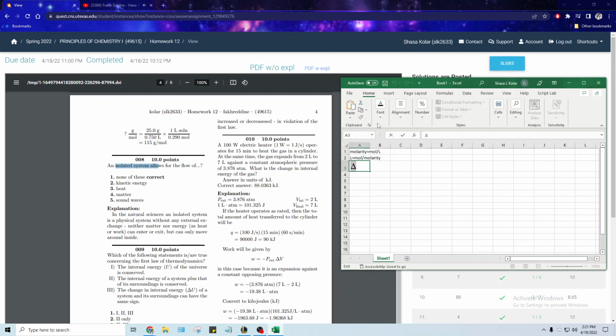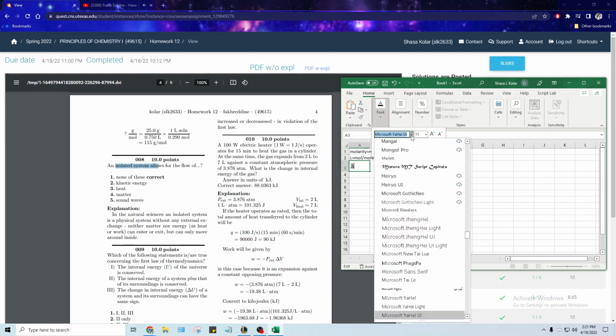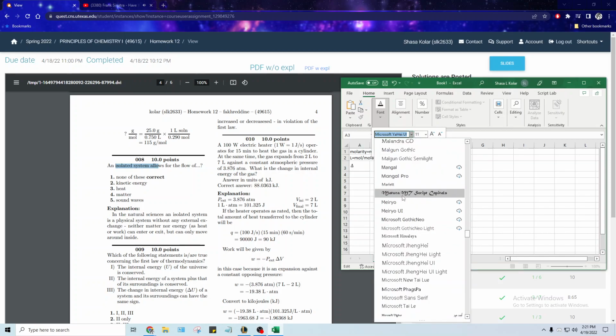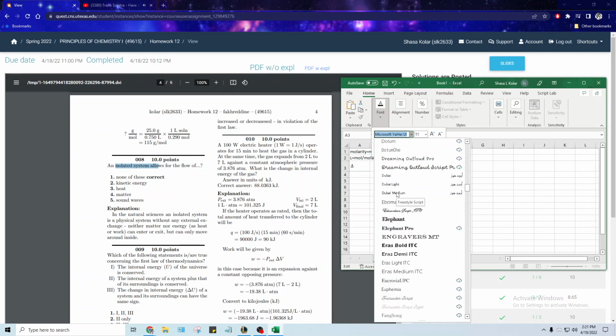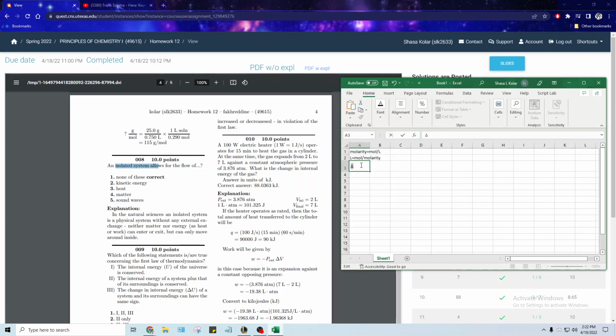Let's make it smaller. How big is this? 11? Okay. Yeah, I'll put it to 11. And probably, ooh, that's weird. Where's Calibri? Wherever it is. Here it is. Okay. Now let's write in the font. We can copy it again so we don't lose it.